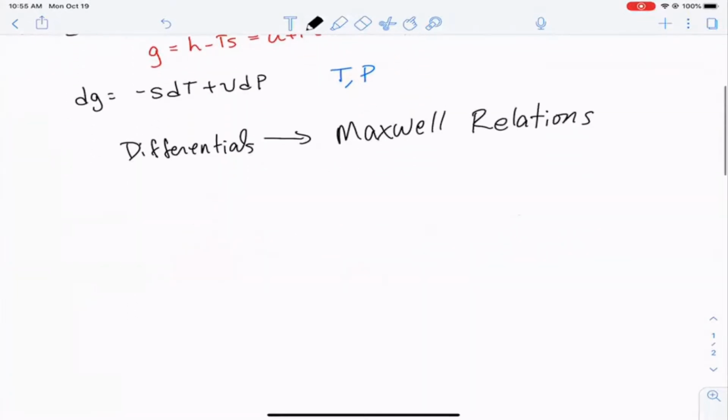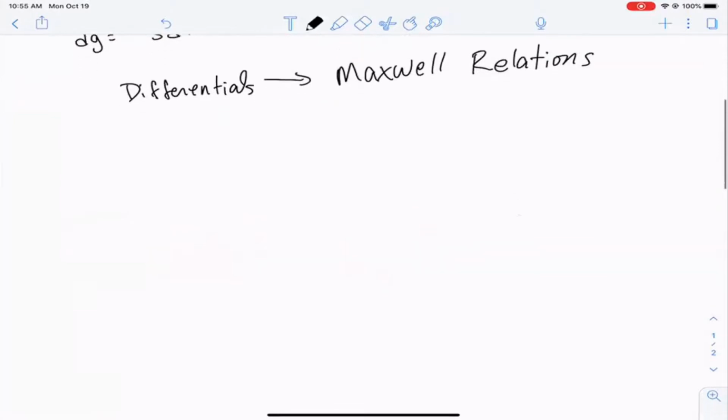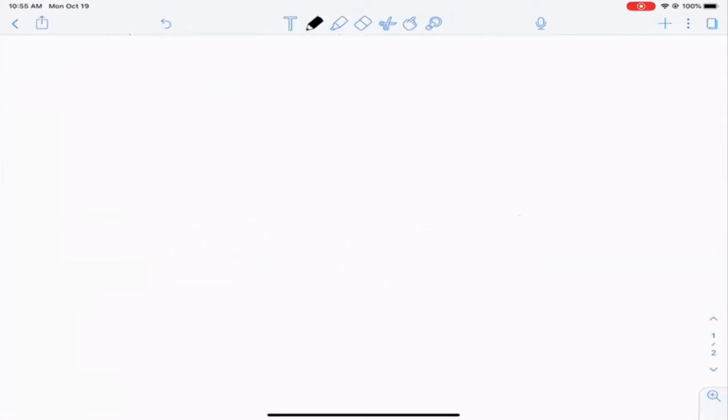If we're going to start deriving Maxwell relations, we have to start with any of the differentials. We're going to take advantage of the fact that we can manipulate their canonical variables a little bit, and of a relationship from multivariable calculus. One of the things that hopefully you remember from multivariable calculus is that the order in which you differentiate a function does not matter.